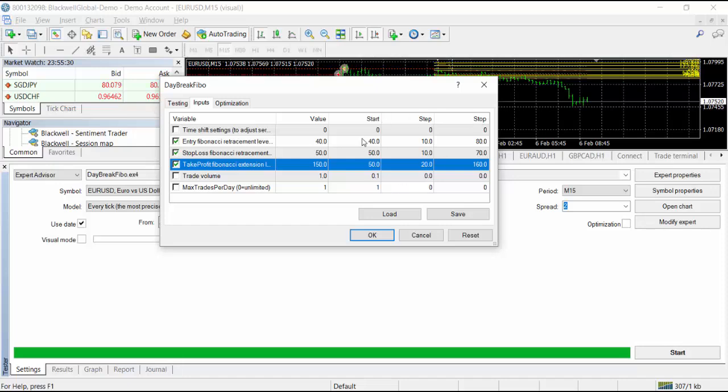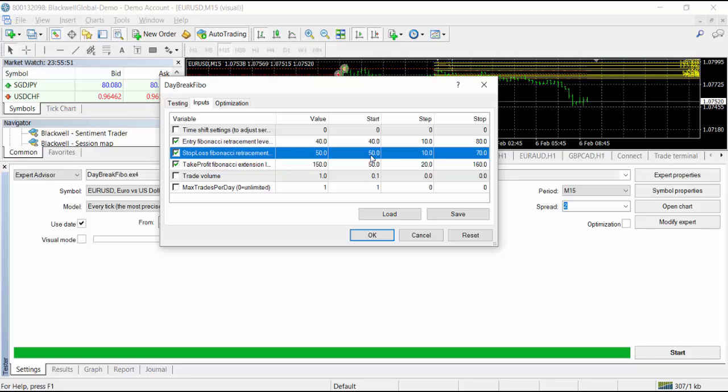Start means I test starting with entry Fibonacci level 40 with a step of 10 all the way up to 80. So that means 40, 50, 60, 70, and 80 are my entry levels. Stop loss, I start at 50 with a step of 10 and go up to 70. So that's 50, 60, 70, three combinations.